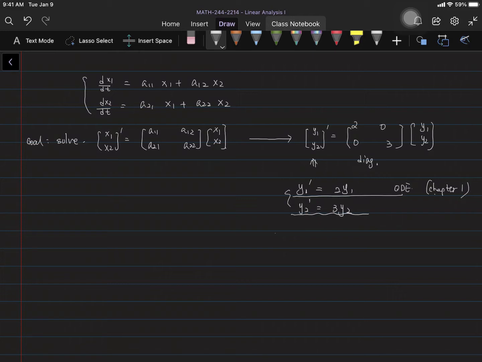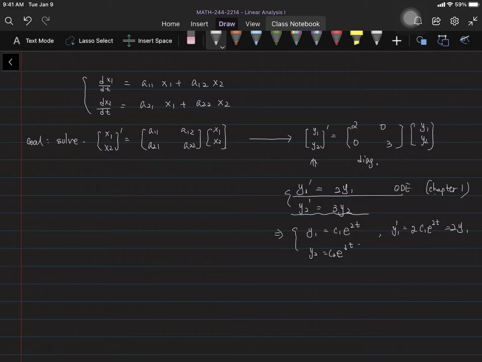The solutions are y1 equals c1 e to the 2t, and y2 equals c2 e to the 3t, because you can test: when we take the derivative of y1, by the chain rule it's 2c1 e to the 2t, which is just 2y1, right? Same thing for y2.